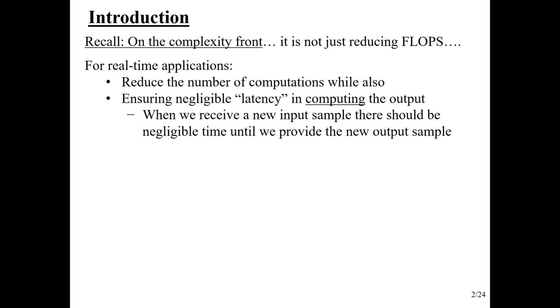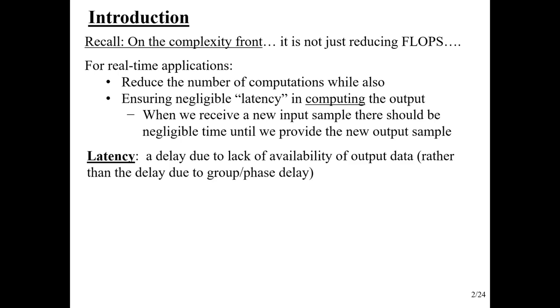We have to make sure that we have a negligible latency in computing the output. That just means that if for some reason, and we'll see the reason that we're worried about here, no matter how fast a computer we have, we can't compute the output until later, that's a problem. And we can't really do this in a real-time fashion. So we'll take a look at that.